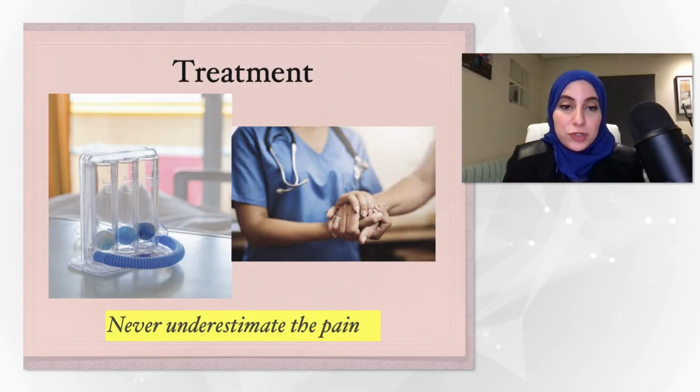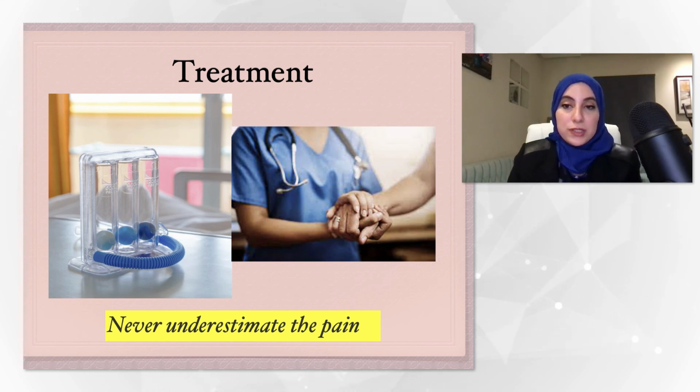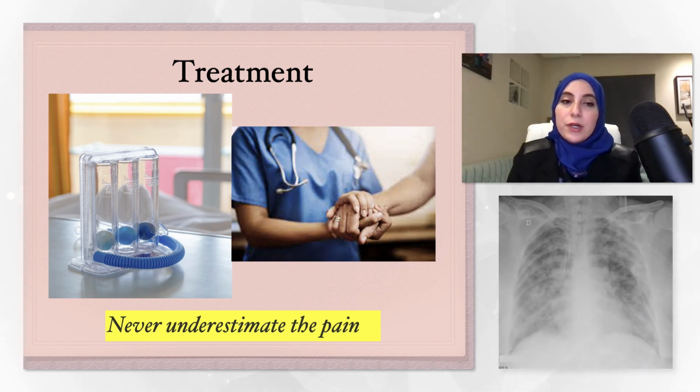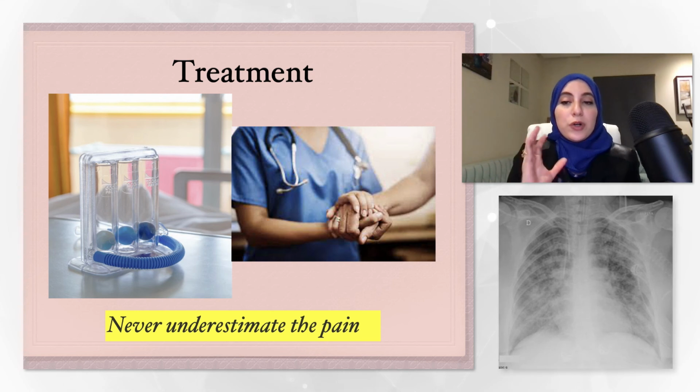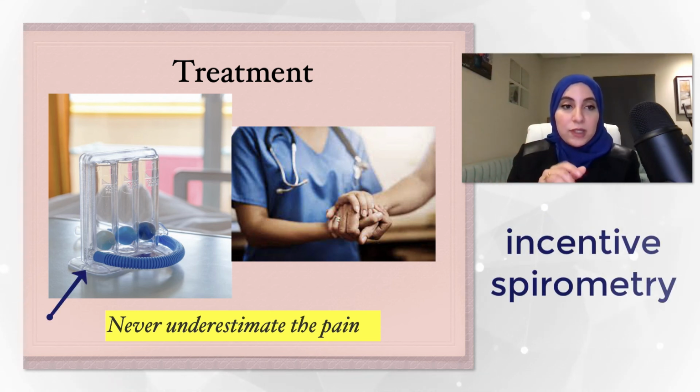You have to also use non-pharmacological approaches to treat pain as an adjunct, like heat application, distraction, and so on. And to reduce the risk of acute chest syndrome, which is an emergency, basically a chest infection plus or minus infarction, you have to encourage the use of incentive spirometry while awake.